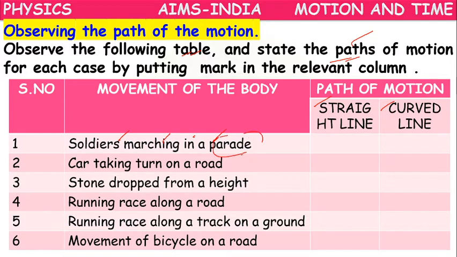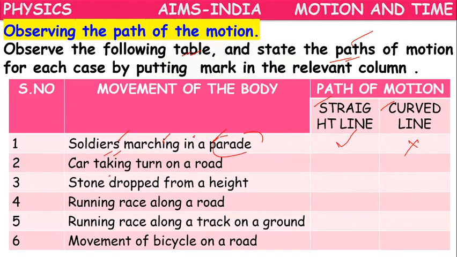On August 15 or Republic Day, you might have observed on television or in your school, if they conduct a march past, a group of children will march and invite the principal to hoist the national flag. During that march, what will you observe? They will move in a straight line. All the soldiers or all the children participating in the parade will move in a straight line.